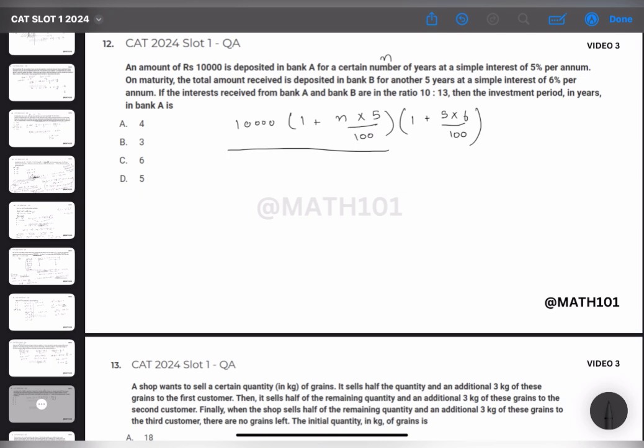So the interest received from bank A would be 10,000 into 5n by 100, and bank B would be 10,000 into 1 plus 5n by 100 into 5 into 6 by 100. This is 10 by 13.